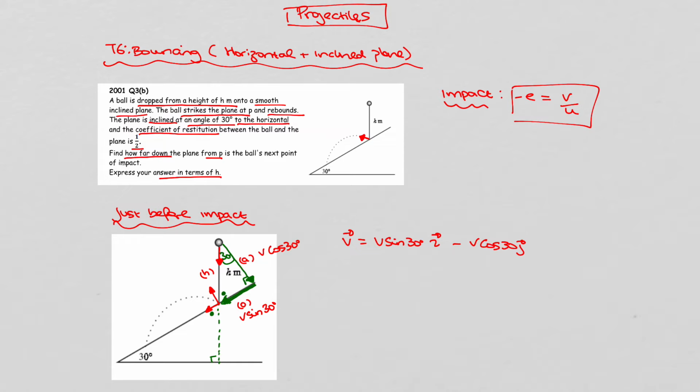It'll be the same direction in the x direction because it's going down the hill, but the drop is going to be negative in comparison to when it rebounds off the surface, where it'll be positive. If we simplify that, it is v over 2 in the i direction and minus root 3 over 2 v in the j direction.